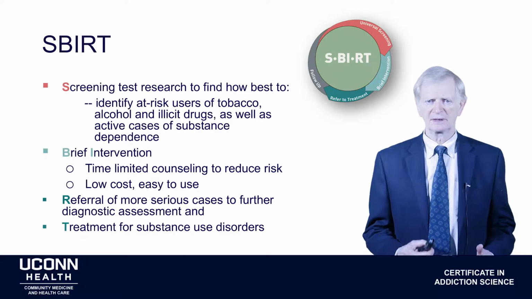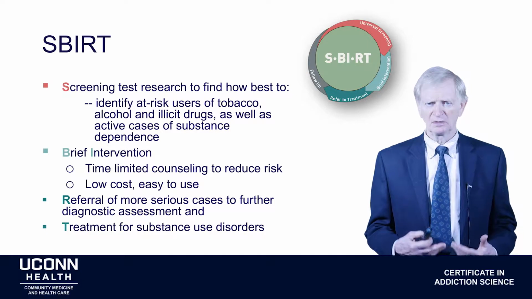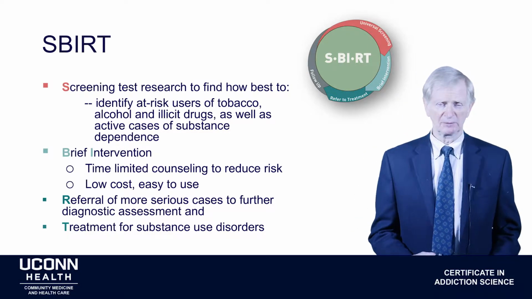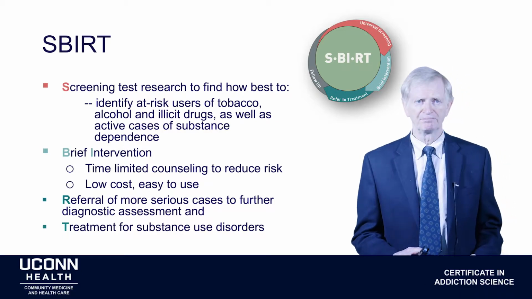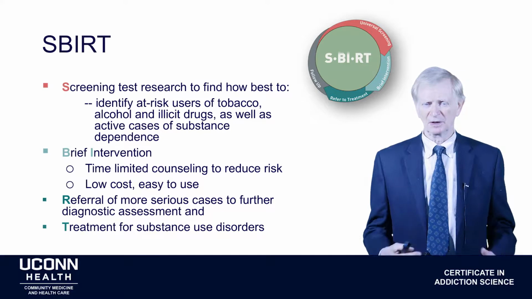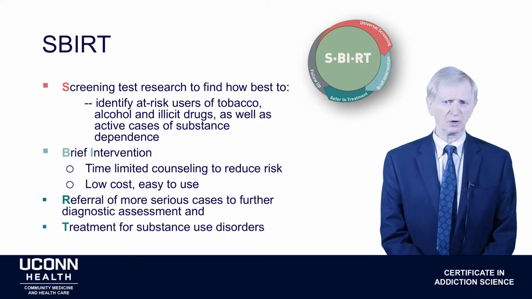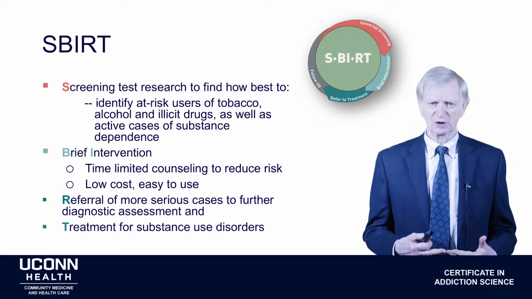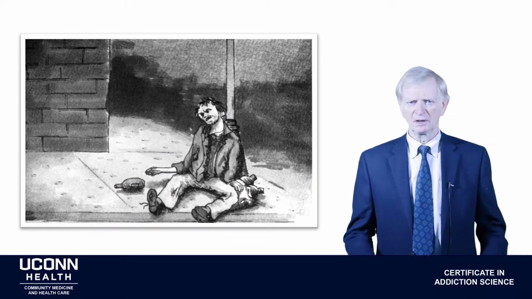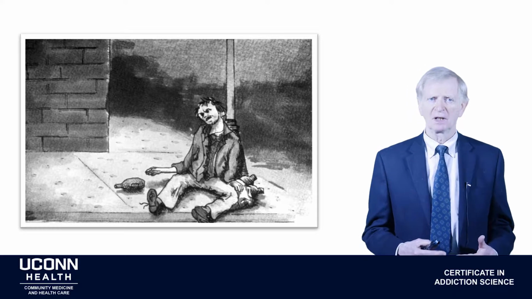And SBIRT can be used in terms of brief intervention techniques to motivate people to seek referral if they've developed a dependence syndrome. Here we have a distinction between the classic target of most treatment research, which is the down-and-out skid row alcoholic or the street drug addict.